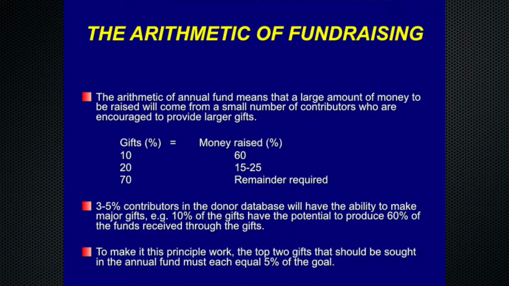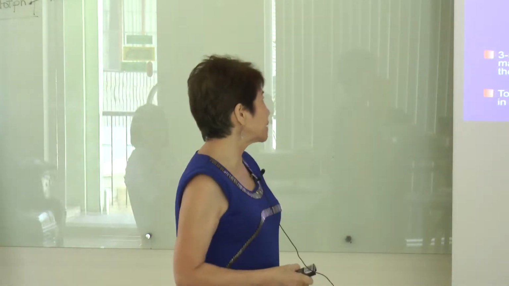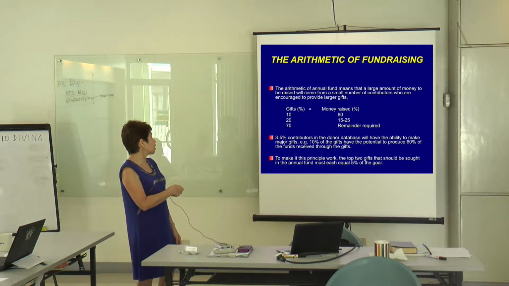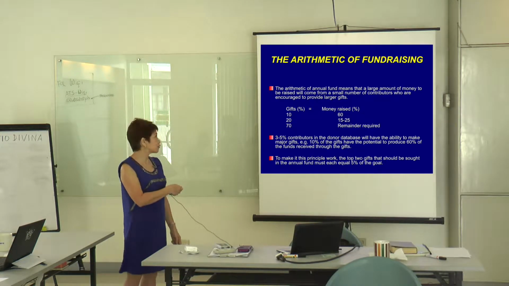The arithmetic of fundraising, or the arithmetic of the annual fund, means that the large amount of money to be raised will come from a small number of contributors who are encouraged to give the larger gifts. Remember the pyramid, the Pareto principle? Now this is very important for the arithmetic. On the left side is the percentage of gifts.